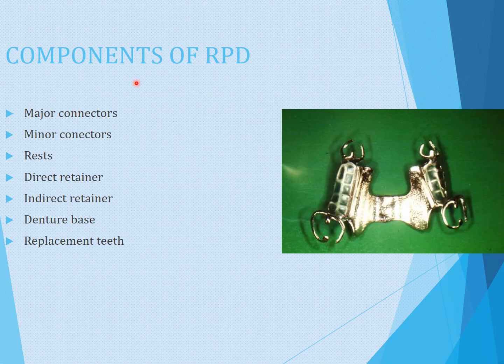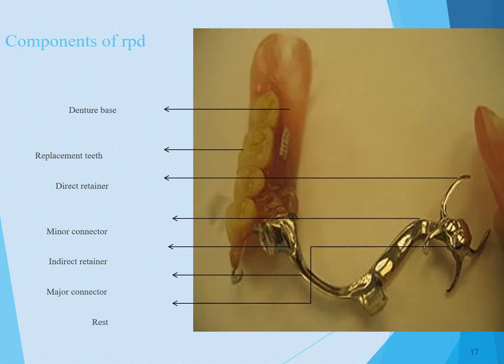So coming to the general components of RPD, that is the major connector, minor connector, rest, direct retainer, indirect retainer, denture base, and replacement teeth. Okay, so 7 components, guys. Always remember: this is the denture base, this is the replacement teeth, this is the direct retainer, guys, this is the minor connector, the indirect retainer, major connector, rest.